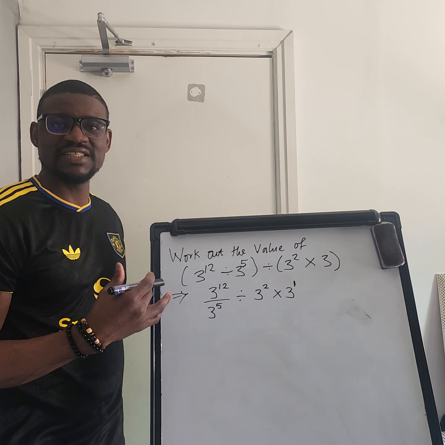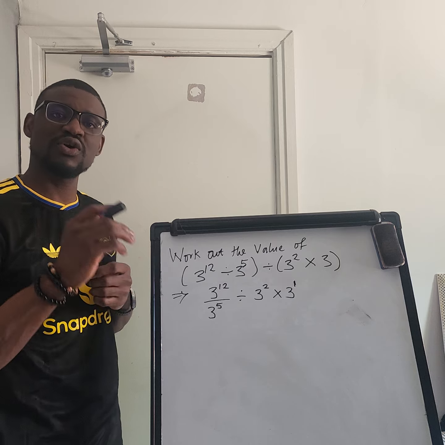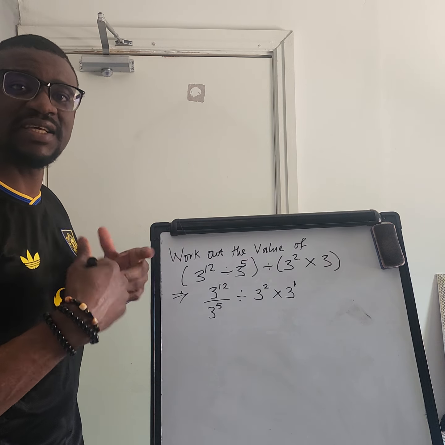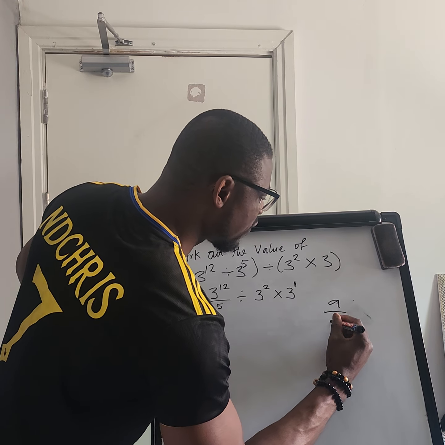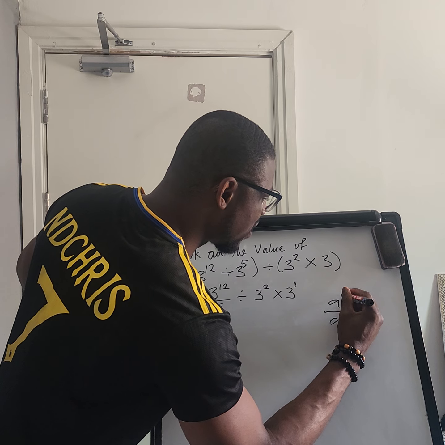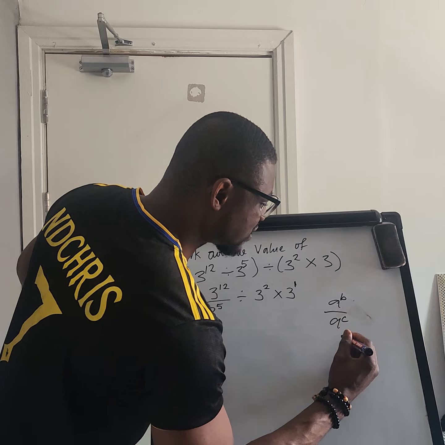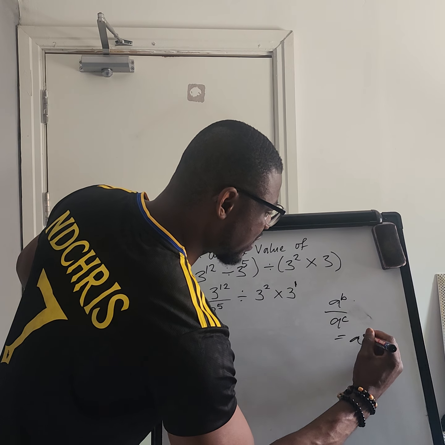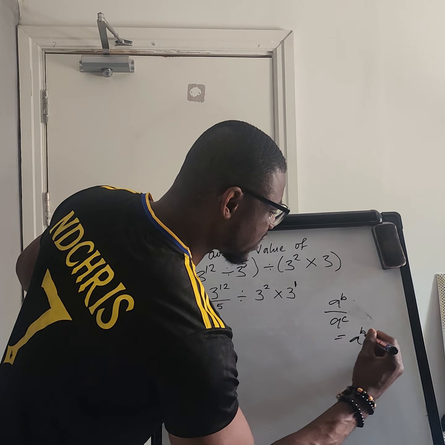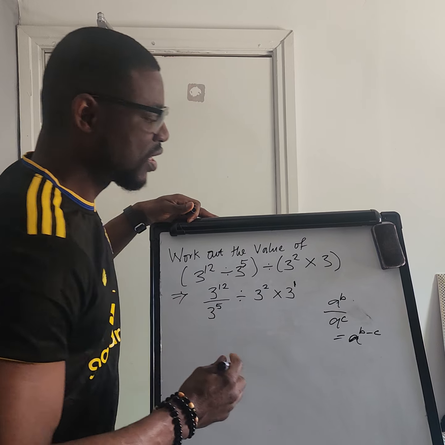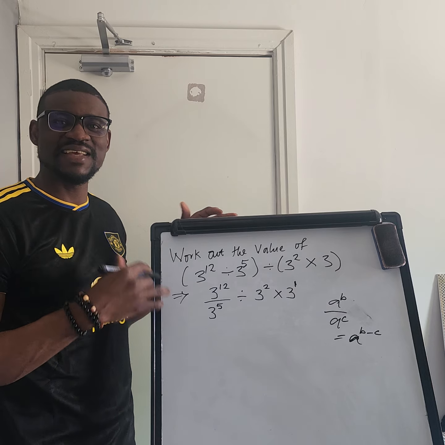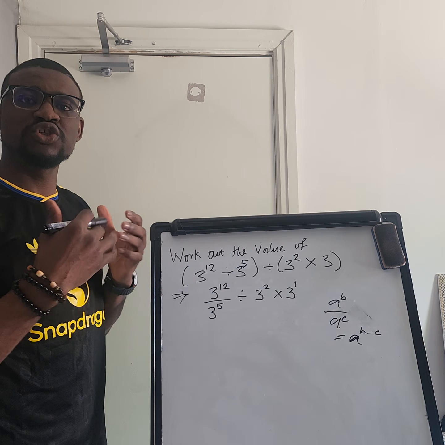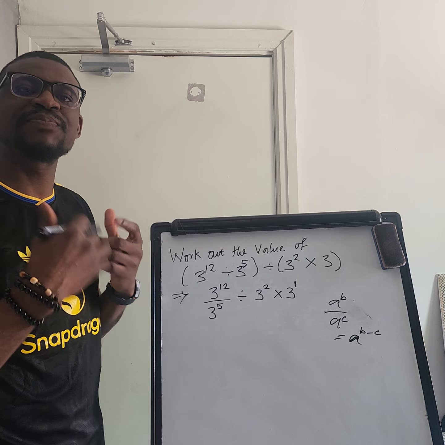Having gotten to this stage, we need to invoke two laws of indices. One is the division law. It says that A all over A raised to power B and then raised to power C is the same thing as A raised to power B minus C. What does that mean? It means that when you are dividing two numbers with the same base, you just have to subtract the exponent.